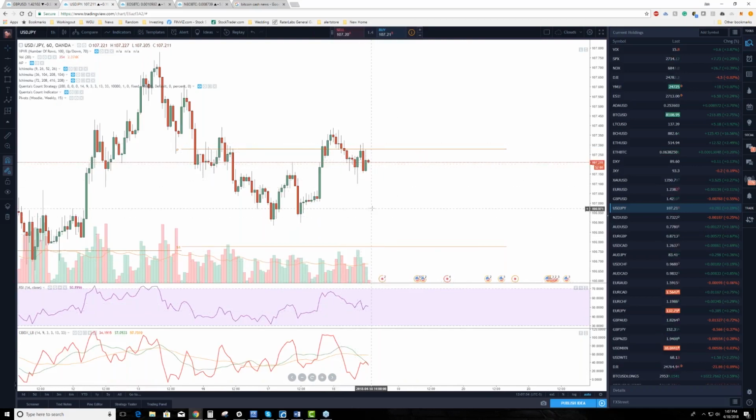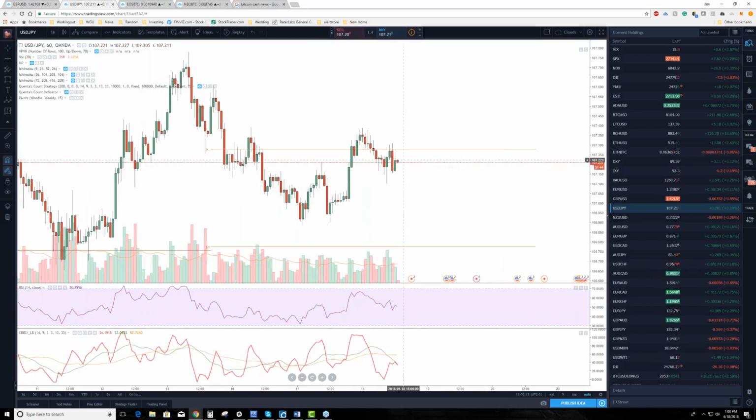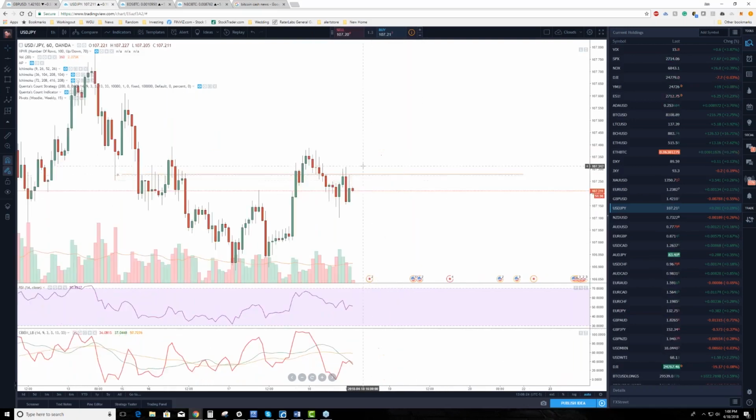What we don't like to see, if we're trading near a pivot and want to go up, is to be in an overbought condition as we get there, because we are 7 pips away from this pivot. So we really do not want to trade higher on overbought conditions, which we are not. We're actually in a supportive buy area here on the composite index, and we're neutral in the RSI.